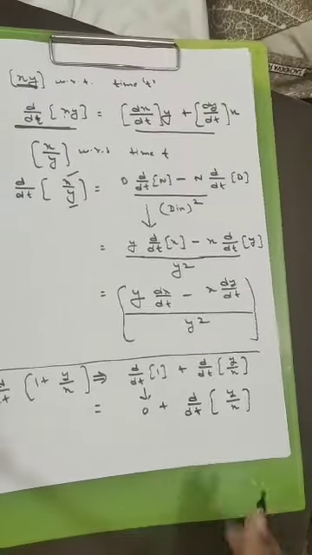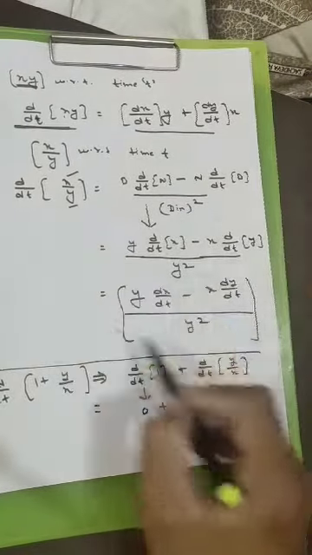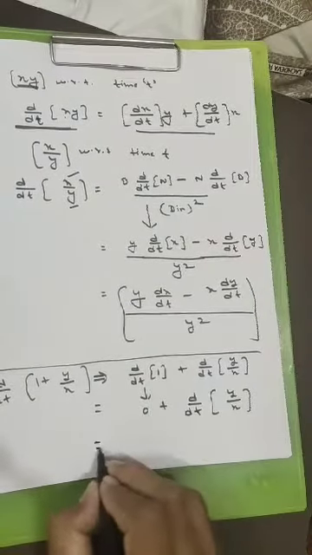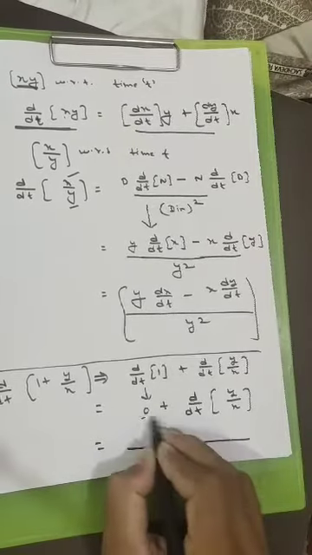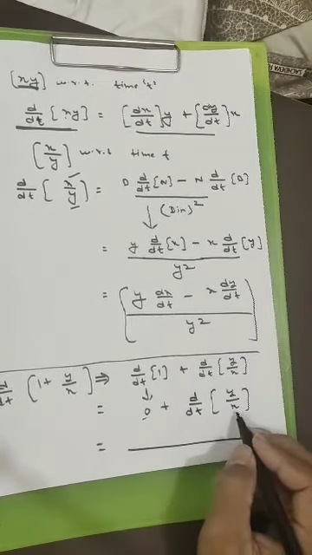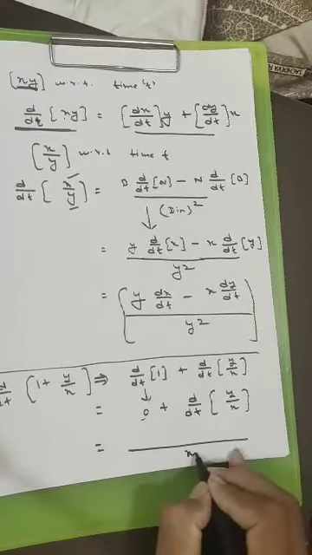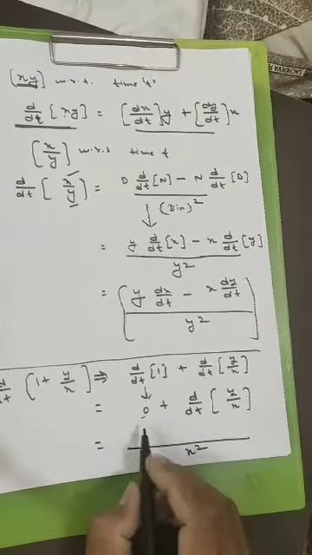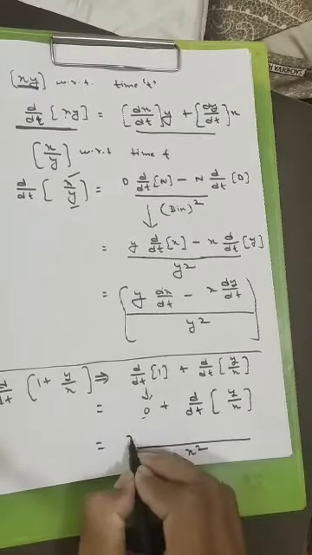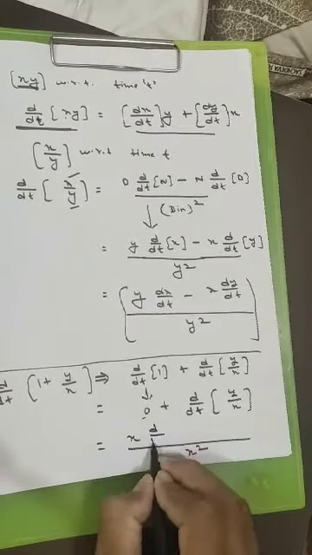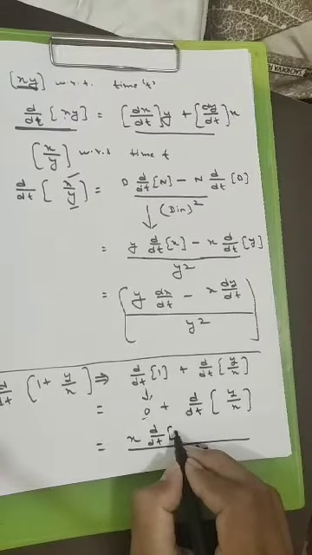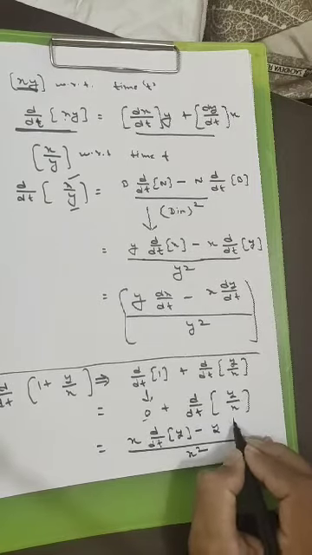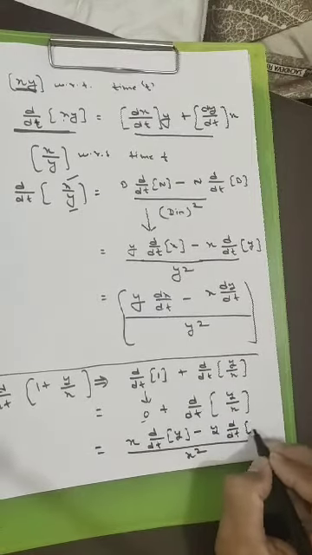Now we will follow the same procedure I explained above. The 0 is eliminated. Take the square of the denominator, x square. Now we write: first put the denominator as it is, then d by dt of the numerator, minus put the numerator as it is and d by dt, or differentiation, of the denominator.